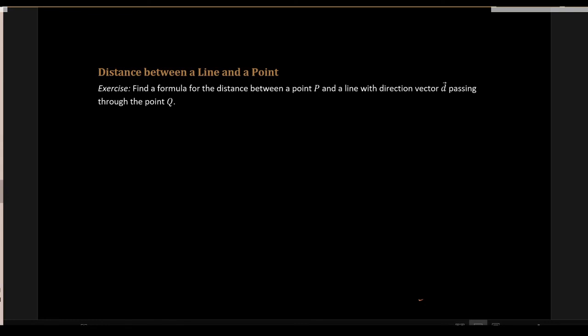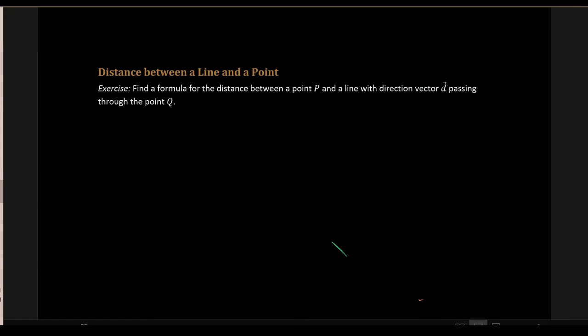So let's try and find a formula for the distance between some arbitrary point P in either 2 or 3-dimensional space and some line in either 2 or 3-dimensional space that has a direction vector d and which passes through a point Q. So let me sketch this situation.